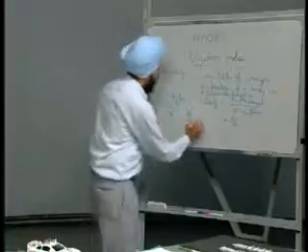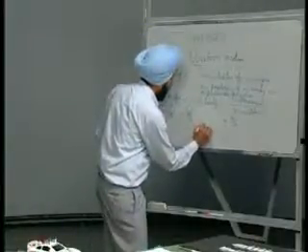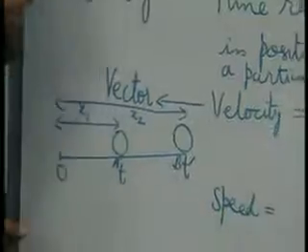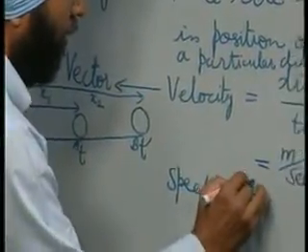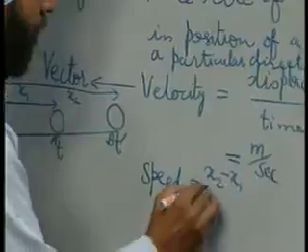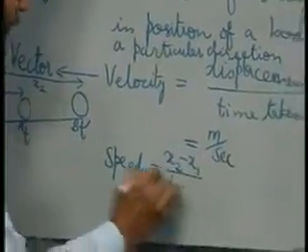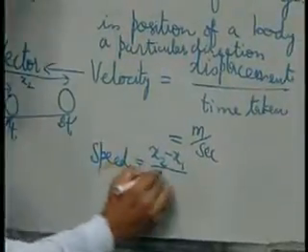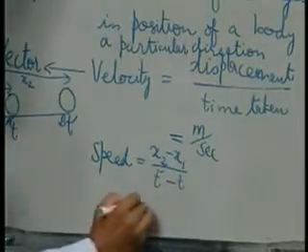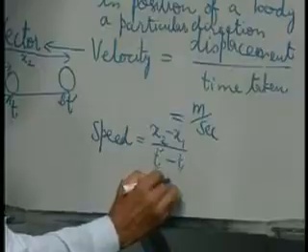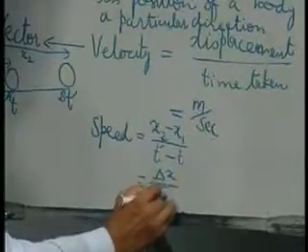Speed of the body is distance travelled, x2 minus x1 over time taken. Time taken is t dash minus t. We can write it as delta x over delta t.